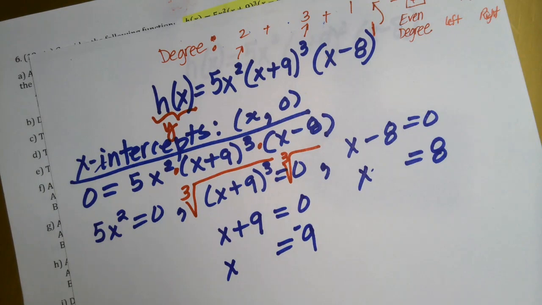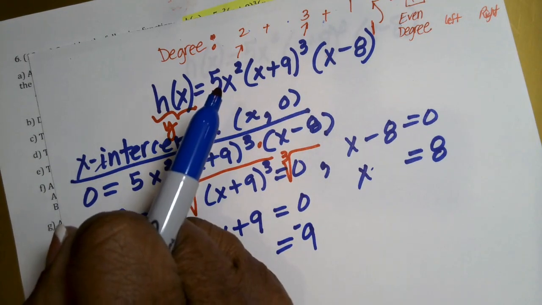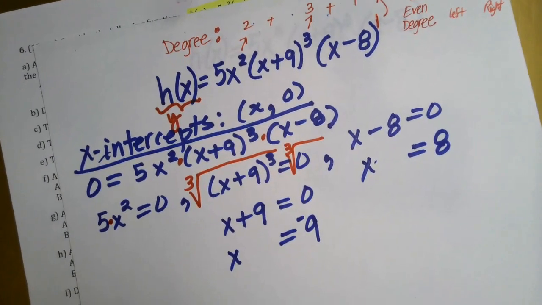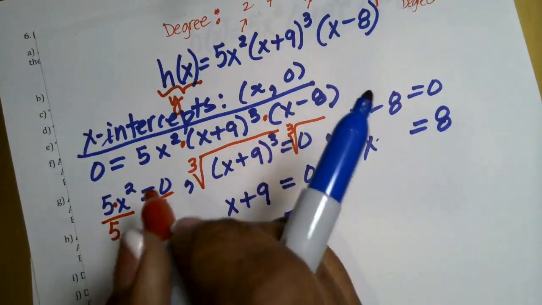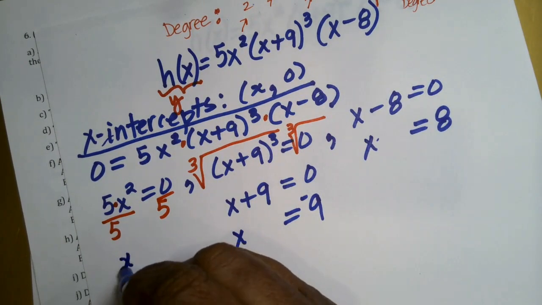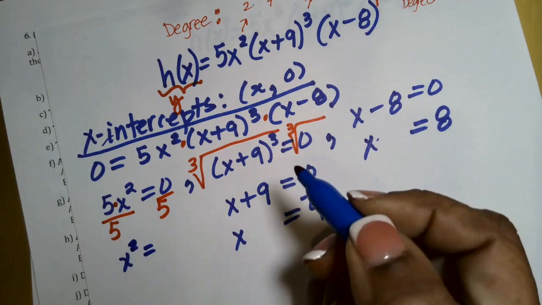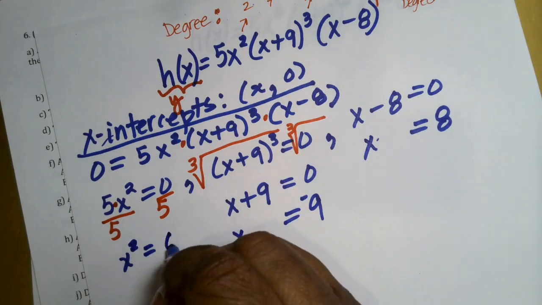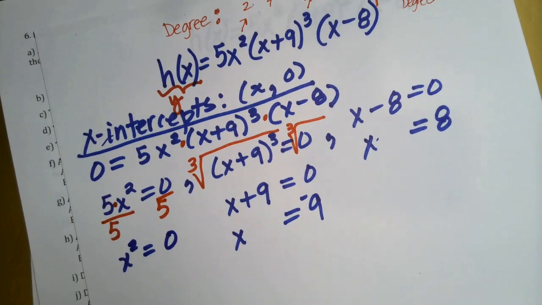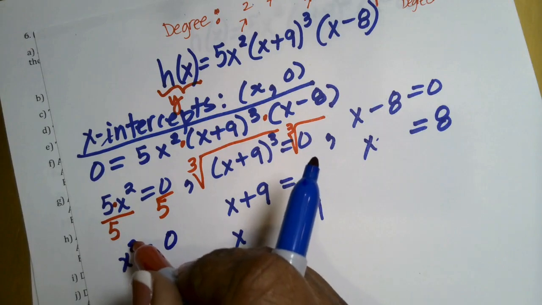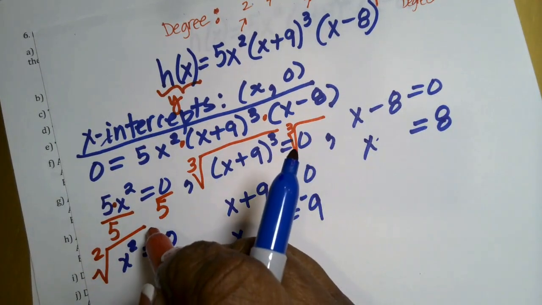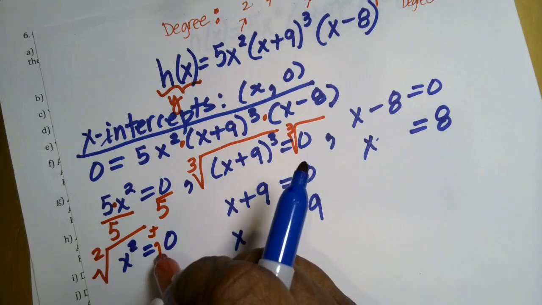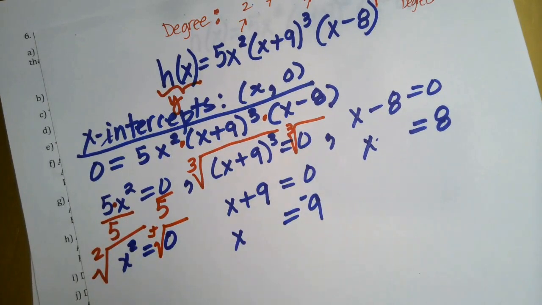And finally, we're going to get rid of the times 5 by dividing both sides by 5. That leaves us with x squared. 0 divided into 5 equal parts is still 0. Now, to eliminate a squared power, we're going to take the square root. Whenever we take the square root, we have to bring in plus or minus.